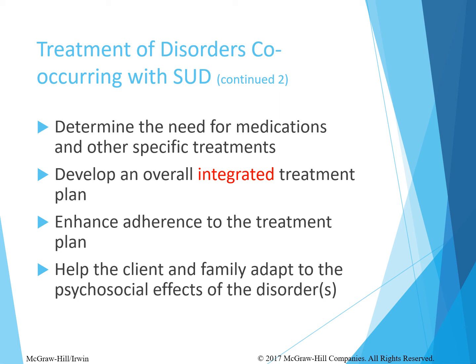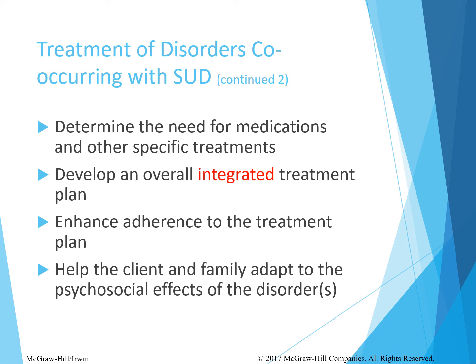Concurrent treatment is that both treatments, mental health services and substance use disorder services, occur at the same time. Not necessarily in the same place or by the same provider.